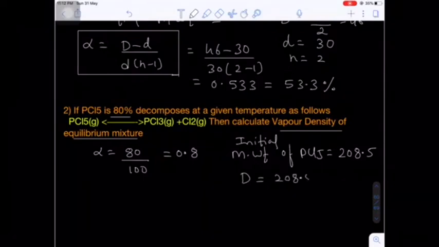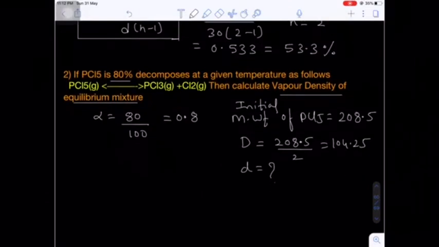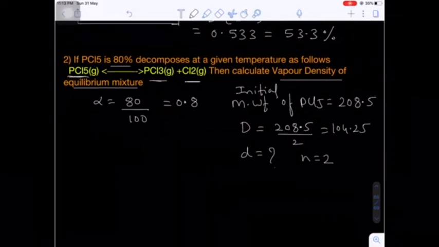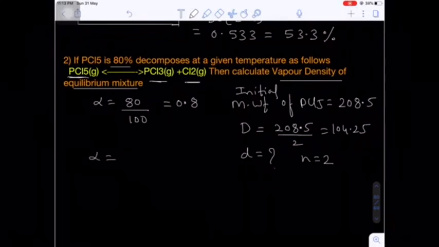Capital D is half of the molar mass. Molar mass 208.5 whole divided by 2, which will be 104.25. Now the question is small d. Now one more important thing: 1 mole of reactant PCl5 will produce how many moles of products? 2. So small n value here is 2.